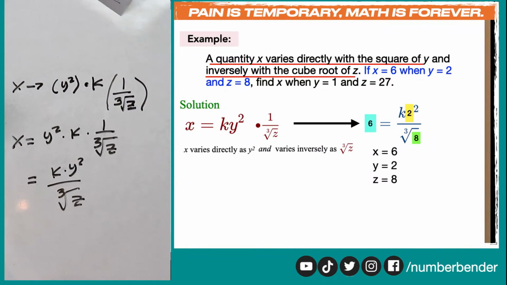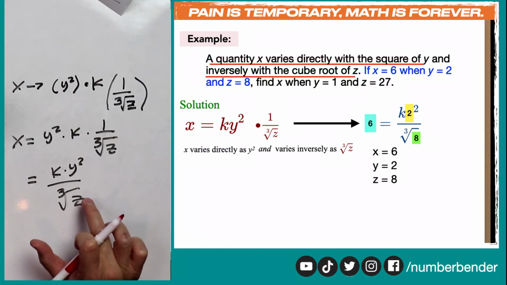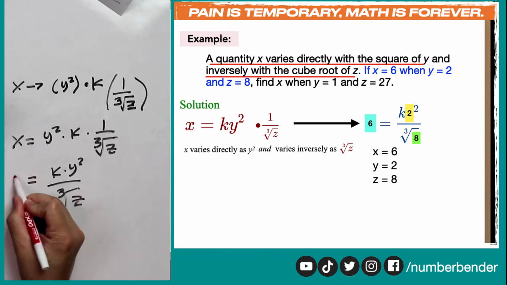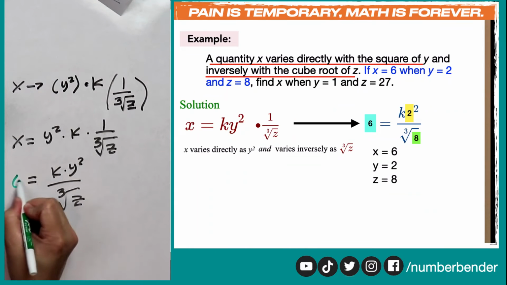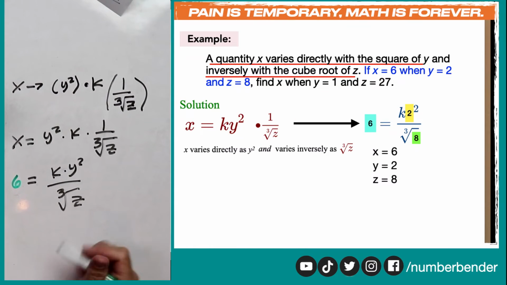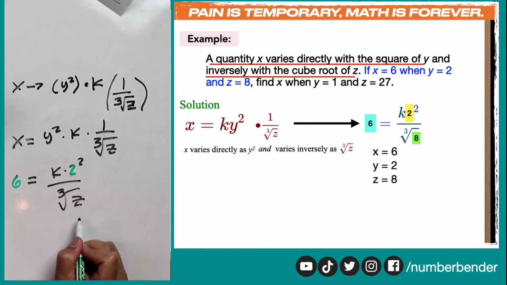From this equation, according to our variables, x is 6, y is equal to 2, and z is equal to 8.